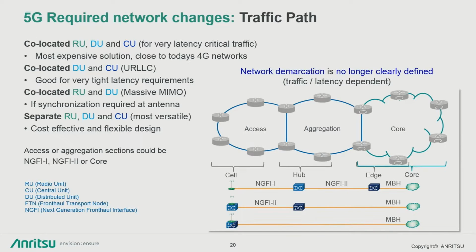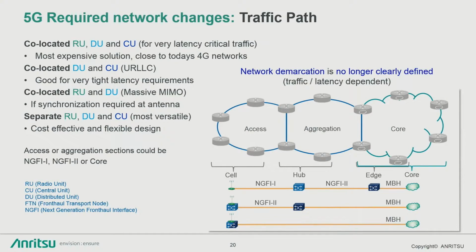If that's software now, I can co-locate that. We talked about the 4 different locations where I can co-locate those. The question becomes, where is my network demarcation point now? What is considered the RAN anymore?